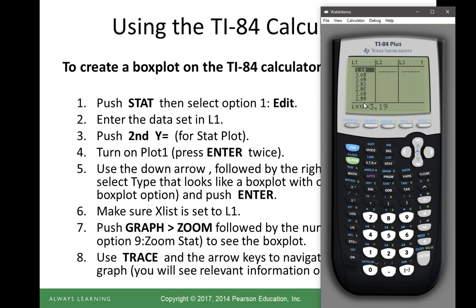So this is my gas data, and let's quickly go to summary statistics: stat, calc, one-variable statistics. You can see that my minimum is 293, quartile 1 is 296, median is 299, quartile 3 is 309, and my maximum is 319.